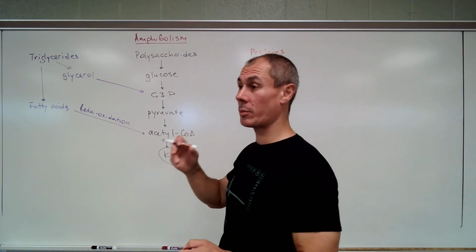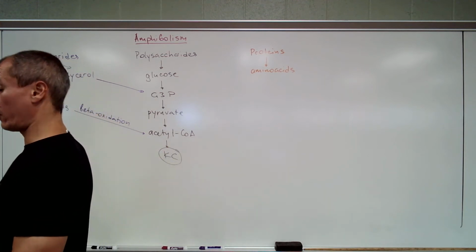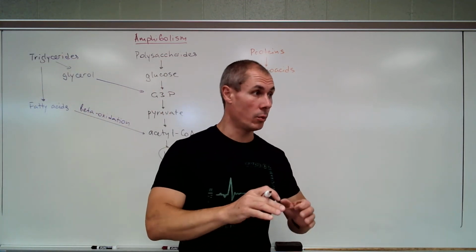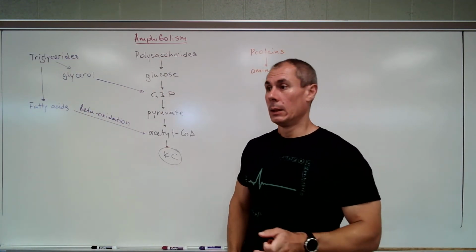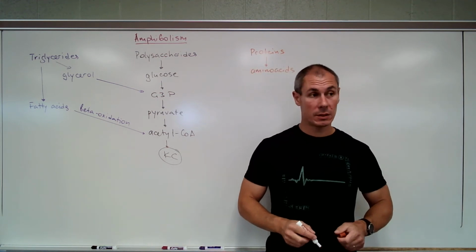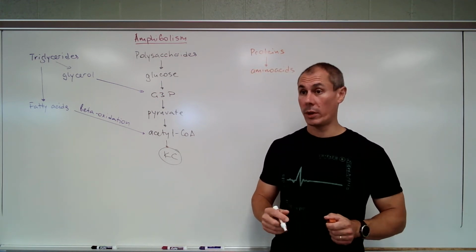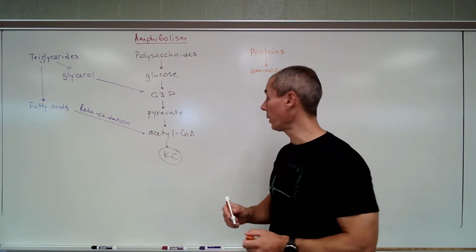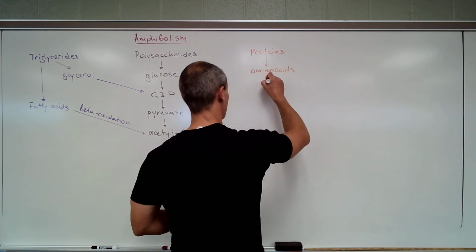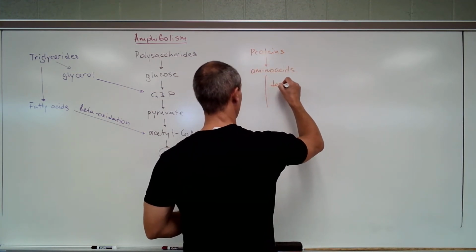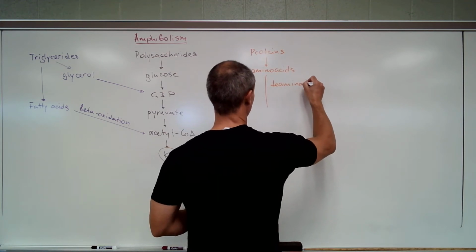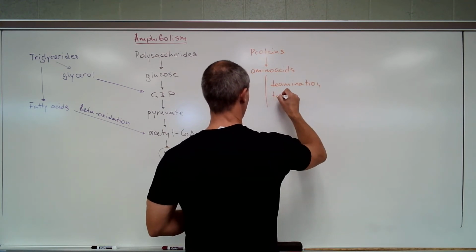And I'm going to put those two pathways together because, in essence, with some not so significant differences, they end up with fairly the same set of products. So those pathways are deamination and transamination.